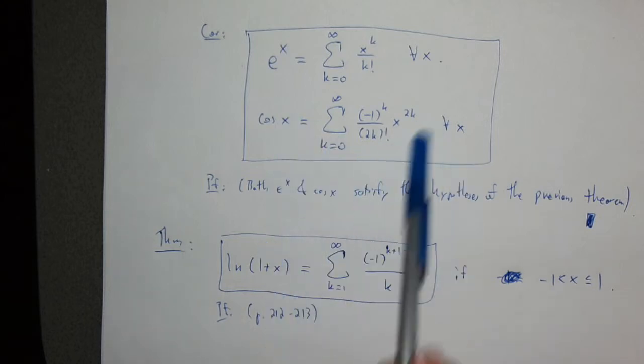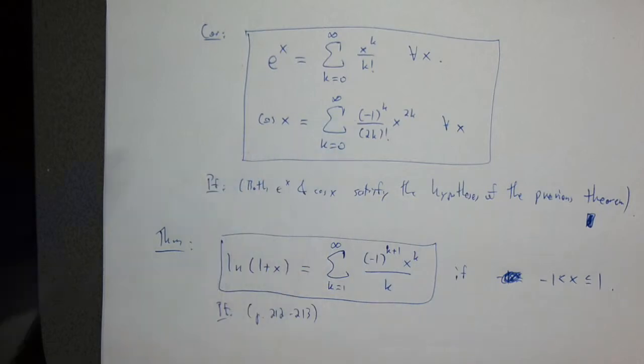You know what it is, and you can prove it using the same fact that sine x satisfies the hypotheses of that theorem. So now you see why, when I assigned you problems from chapter 8, a smattering of problems peppered throughout the sections, I said that chapter 8 is done almost in one go, because some of the sections are really, really short.